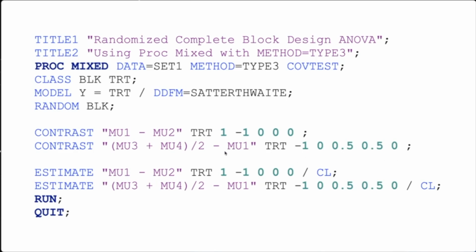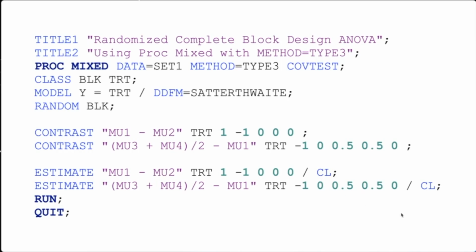We can see here that the coefficient on mu1 is -1, and the coefficients on mu3 and mu4 are each 0.5. We would use the same coefficients for estimating each of these linear combinations, and if we wanted to construct confidence intervals for those contrasts, then we would include the option CL after the slash, for confidence limits.